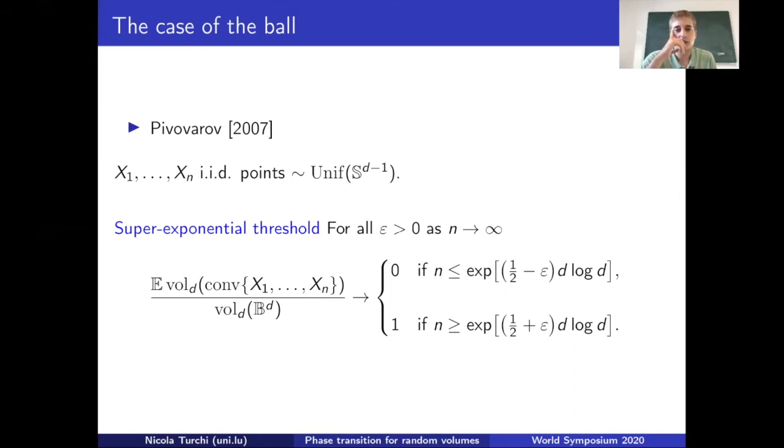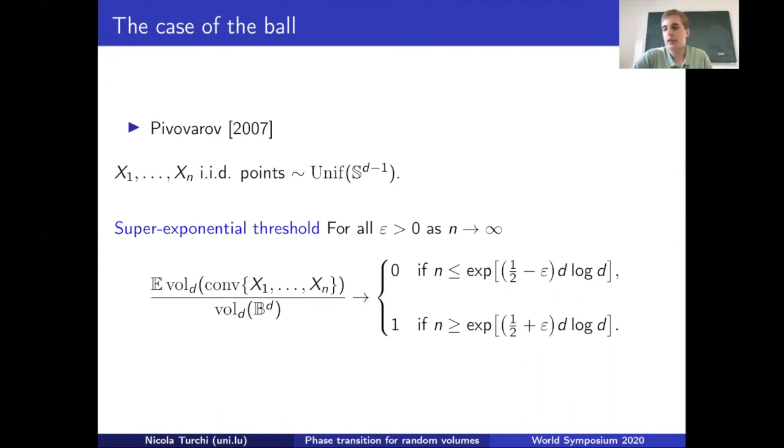This was the case covered by Pivovarov in 2007, and he found out that, in fact, in such case, the threshold becomes super exponential. It's not enough anymore to have just an exponential number of points to cover the volume, but you need at least d to the power d over 2, as you can see in the result that I've written down here.